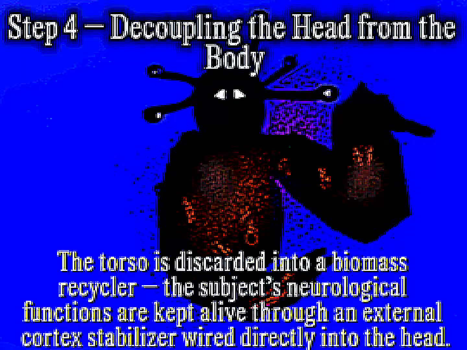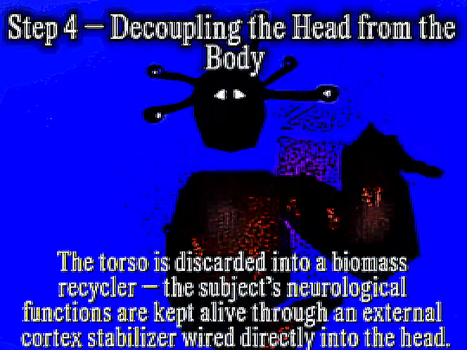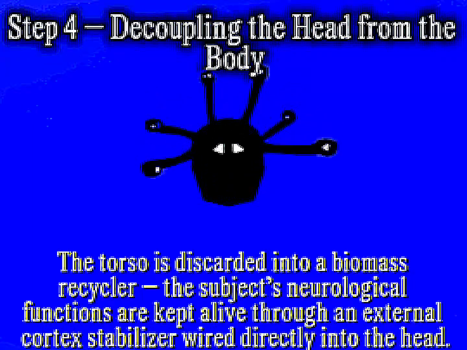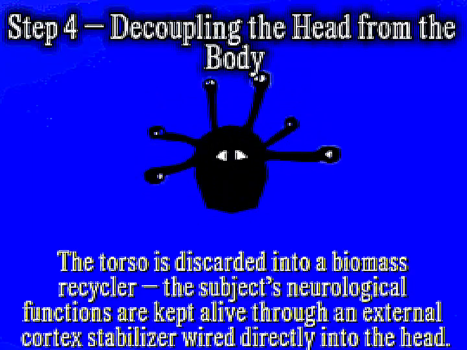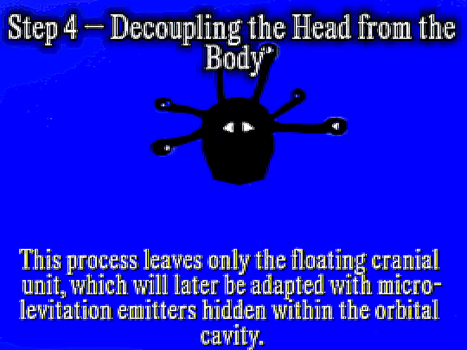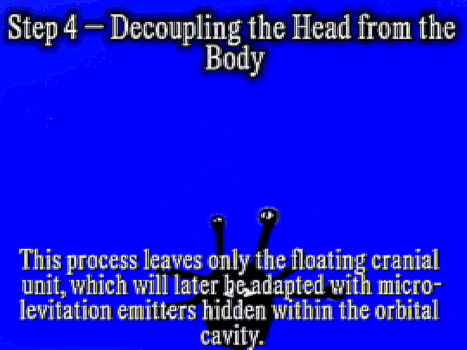The body is discarded into a waste recycler. The subject's neurological functions are kept alive through an external cortex stabilizer wired directly into the head. This process leaves only the floating cranial unit, which will later be adapted with micro-levitation emitters hidden within the orbital cavity.